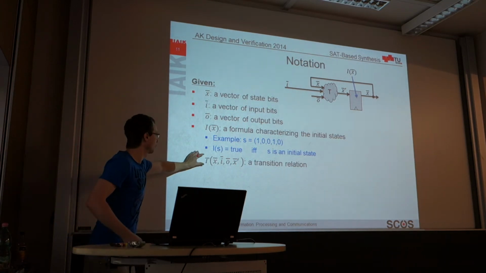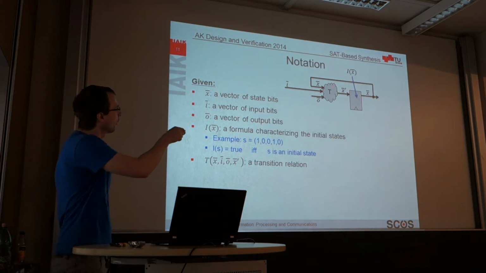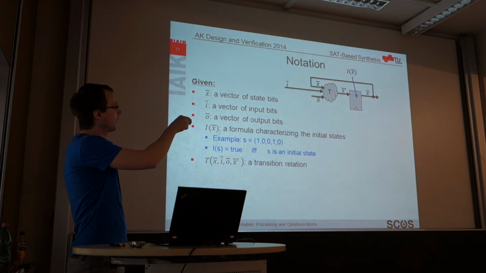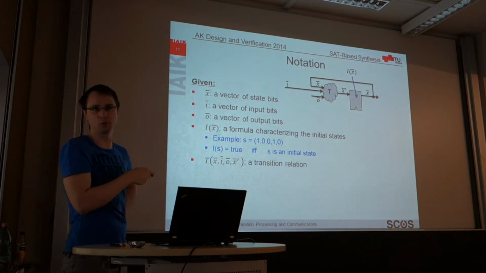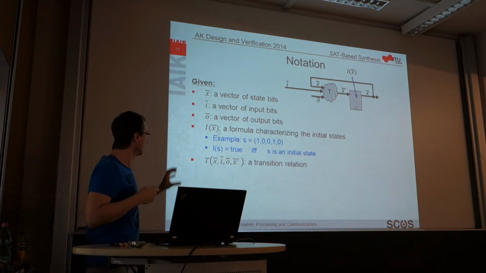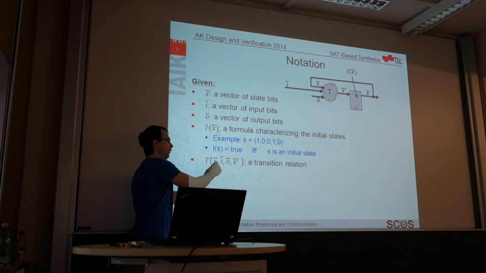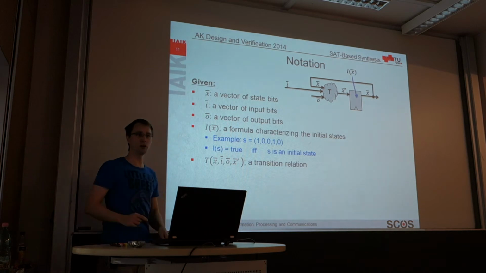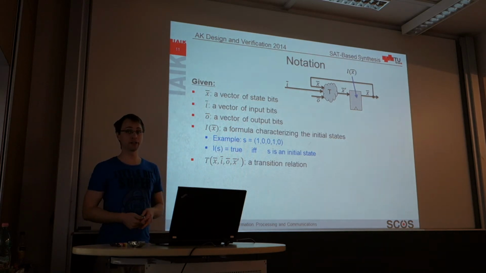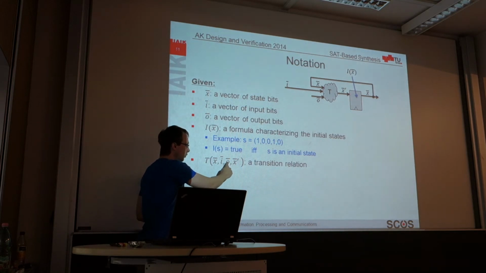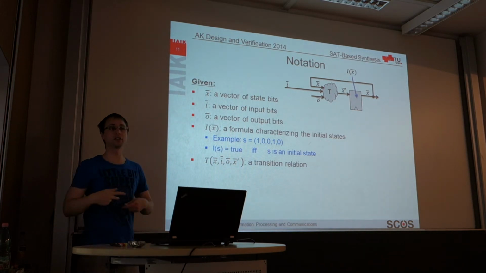This is our so-called transition relation. As illustrated in this picture, this transition relation basically defines the next state for a given current state, for a given input and output word. Again, this is a formula over all these variables, a formula over the state variables, inputs, outputs, and next state variables, and it evaluates to true if for a certain state with a certain input and a certain output, we go into a certain next state.